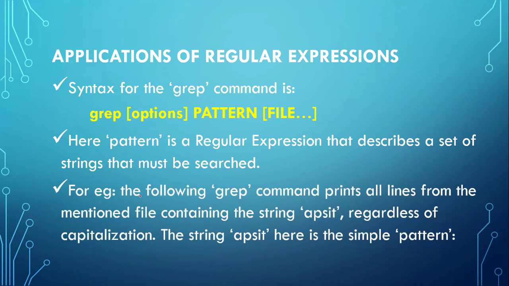For example, the following grep command prints all the lines from the mentioned file containing the string APSIT, regardless of capitalization. Regardless of capitalization is mentioned by -i. The string APSIT here is the simple pattern. That means we are trying to find the word APSIT in the file called peoplelist.txt.